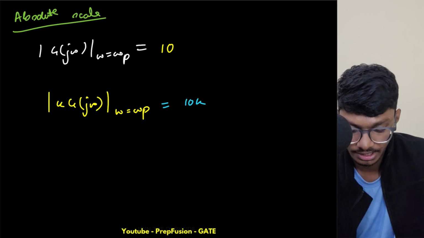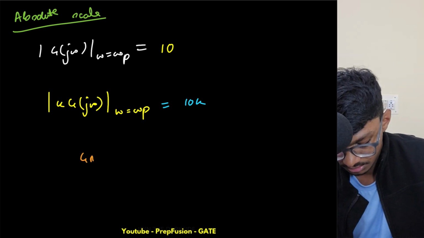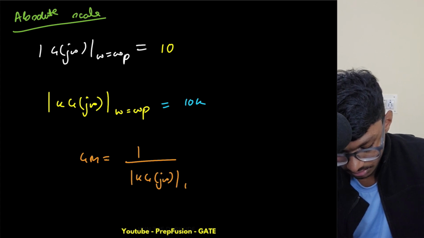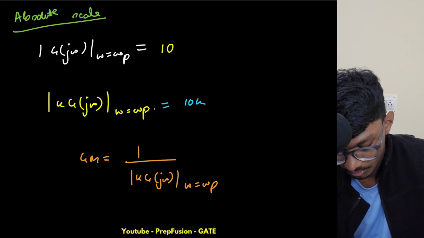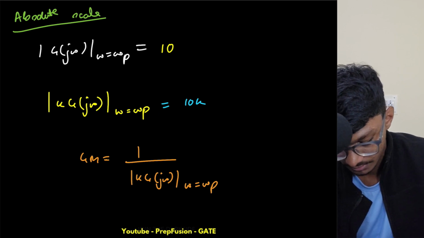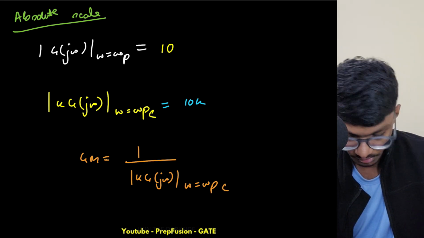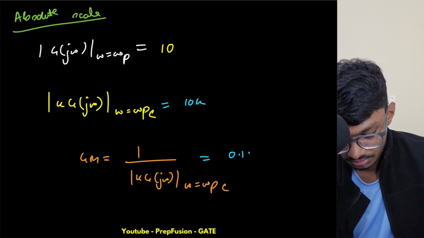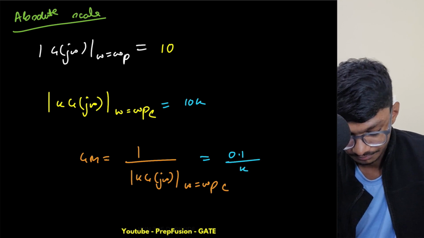Okay, now what is the gain margin? Gain margin is simply 1 by magnitude of g of j omega at omega equals omega pc, whatever. So this is equal to 0.1 by k.